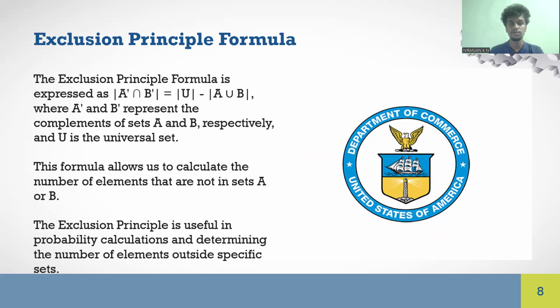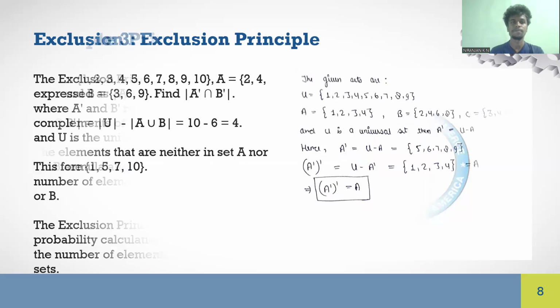This formula allows us to calculate the number of elements that are not in sets A and B, that are excluded from the sets A and B. The exclusion principle is useful in probability calculation and determining the number of elements outside the specific sets.